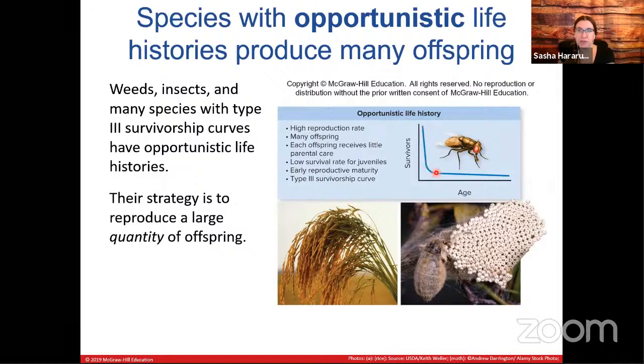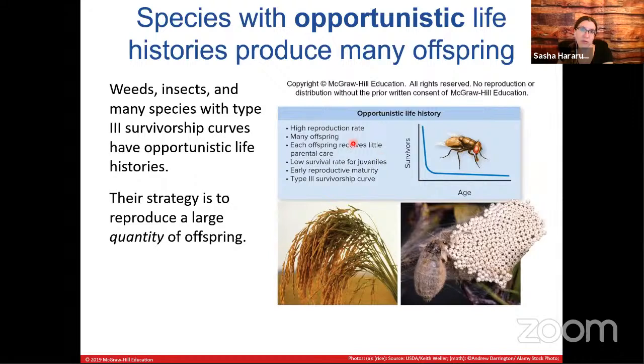As a result, lots of babies die and very few survive to reproductive age. But those few that do survive to reproductive age, again, produce a lot of offspring. Because of this overproduction of offspring, the populations of organisms that have opportunistic life history are able to stay stable or even increase.